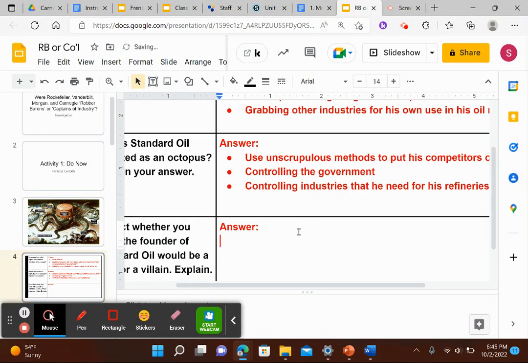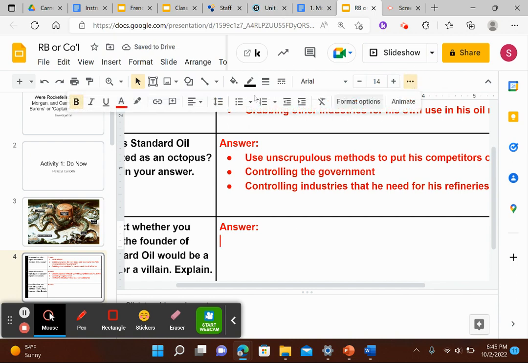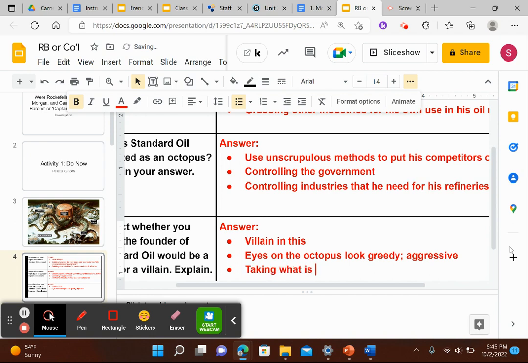Well, from my little chit chat there, I think we can agree that he's depicted as a villain in this. The eyes on the octopus look greedy, angry, or I'll say aggressive, and he is taking what is not his to take for his use.